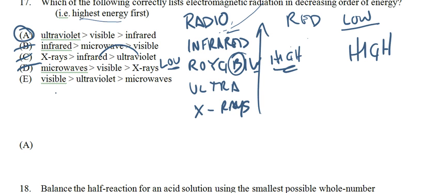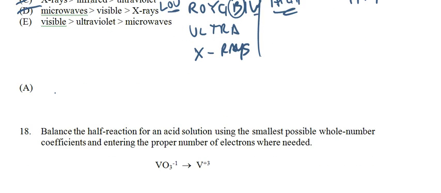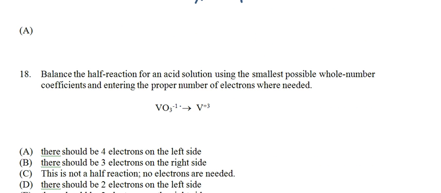Alright. Number 18. Balance the half reaction for an acidic solution using the smallest whole number coefficients. So the first thing, just like what we did in the other redox equation, was balance the non-hydrogen, non-oxygen elements first. Our vanadiums, 1 to 1, we're good to go.